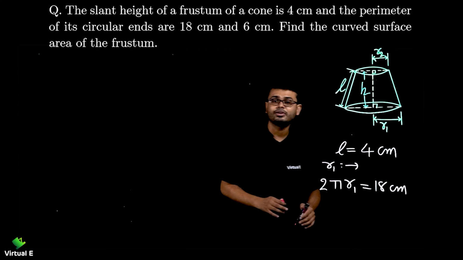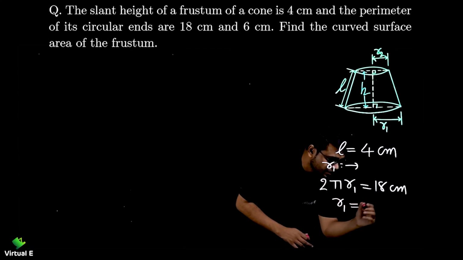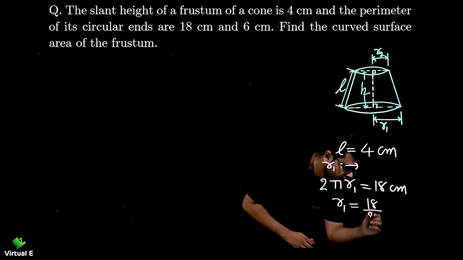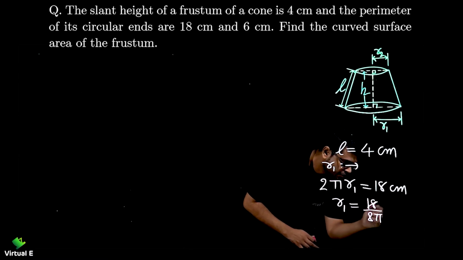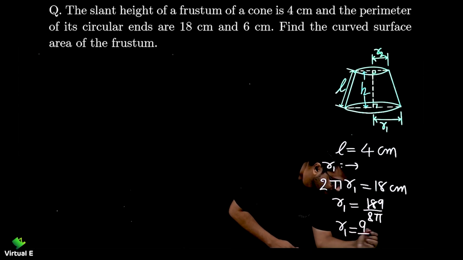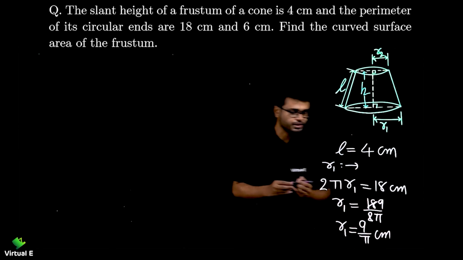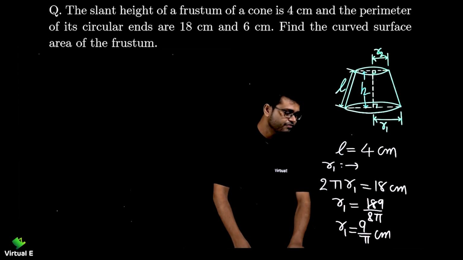Now let's get the value of r1. Let's keep pi as it is. So r1 is equal to 18 over 2 pi. So here 9, so r1 is equal to 9 by pi centimeter. Don't forget the unit. So that is the calculation for R1.